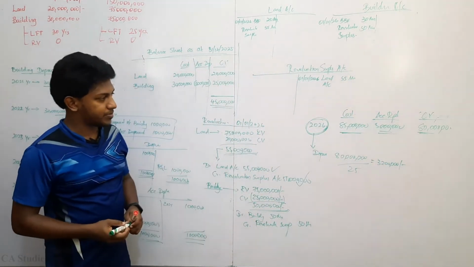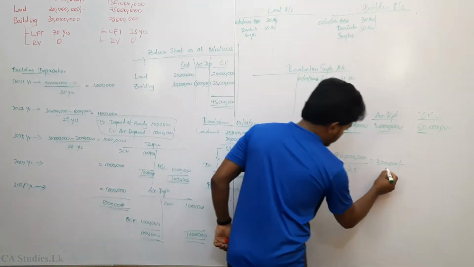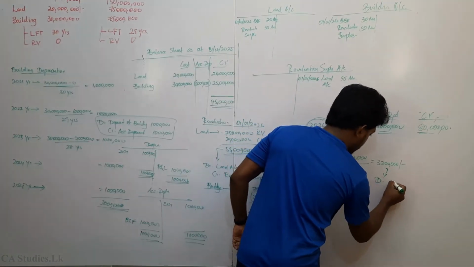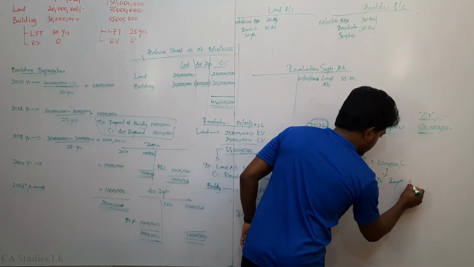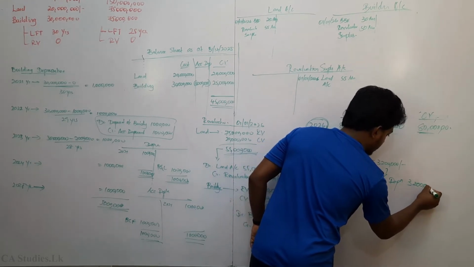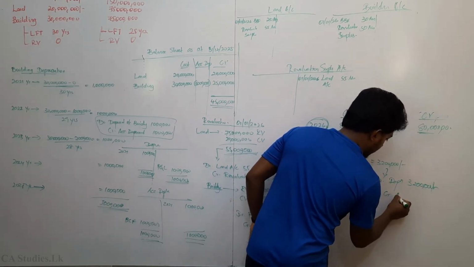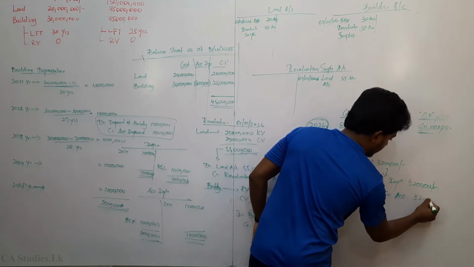So what is the double entry? Debit depreciation 3.2 million, credit accumulated depreciation 3.2 million.